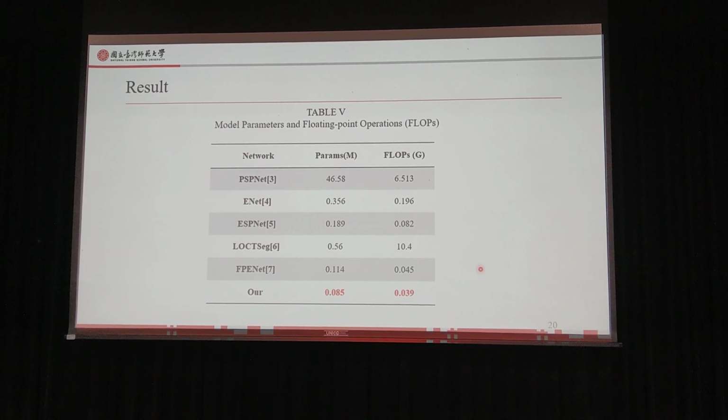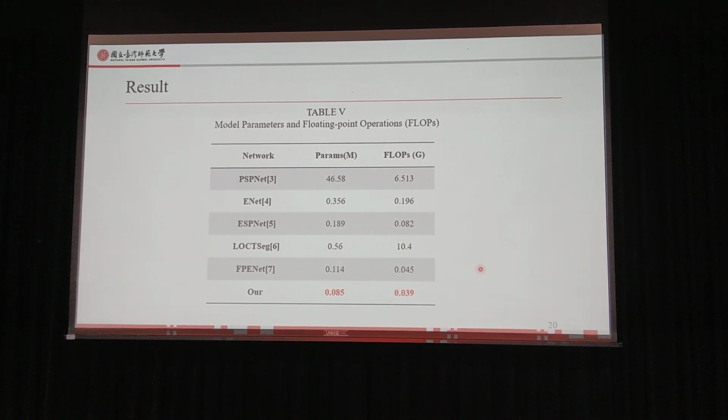The contribution, I think, is the parameters, because the original parameters we use are based on the FPNet, and the parameters are 0.114, and our method reduces the parameters and reduces the FLOPs to make it better on the edge device, because our achievement is to make this module run on our Raspberry Pi, and it can run on Raspberry Pi. We tested.